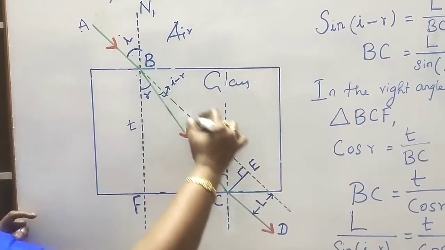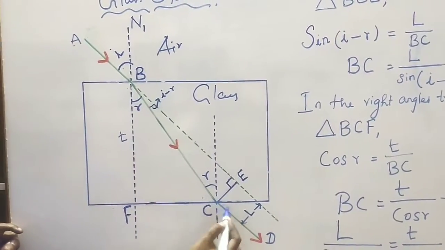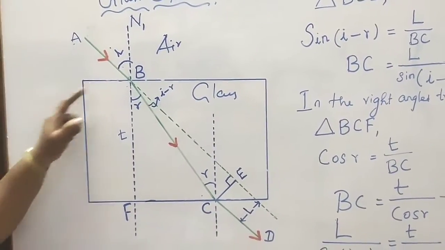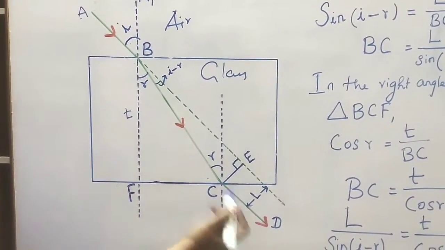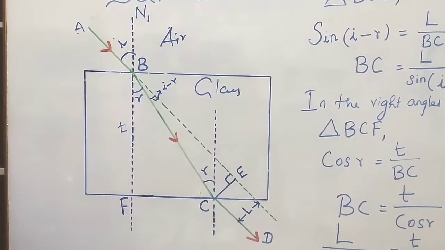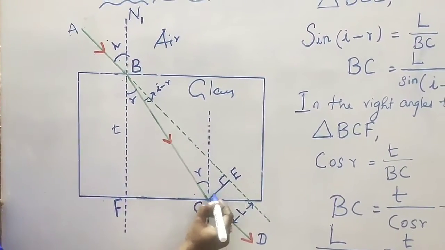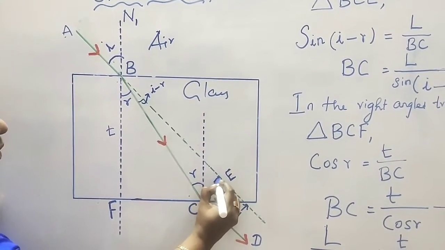Instead of going in this direction, there is a bending effect. You can see the bending effect here and another bending effect here. So two refractions take place. In order to find the lateral displacement, just draw a perpendicular from C. This is the perpendicular we are drawing.